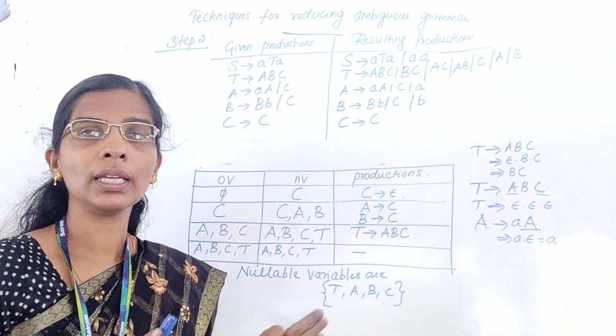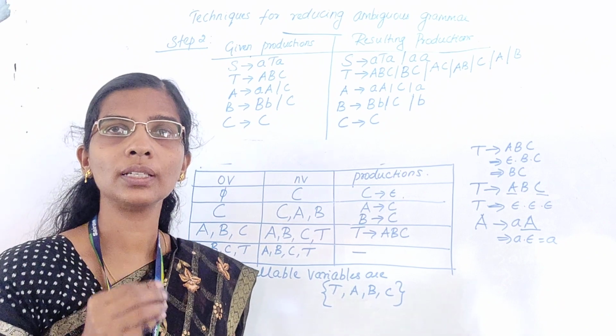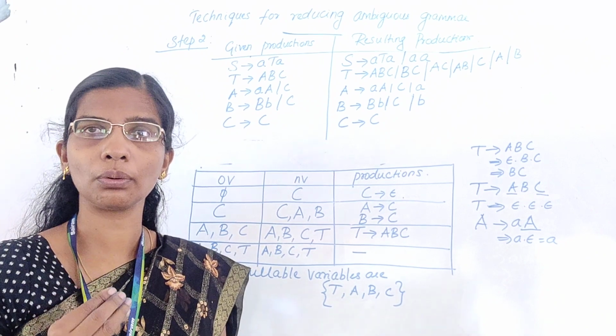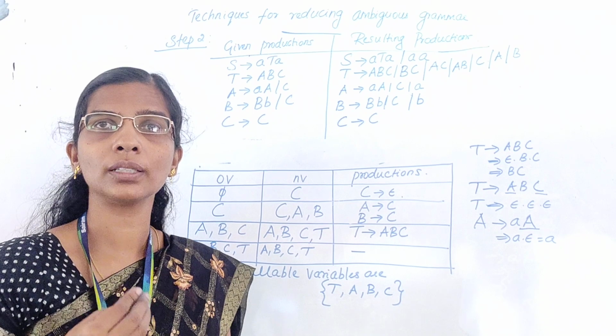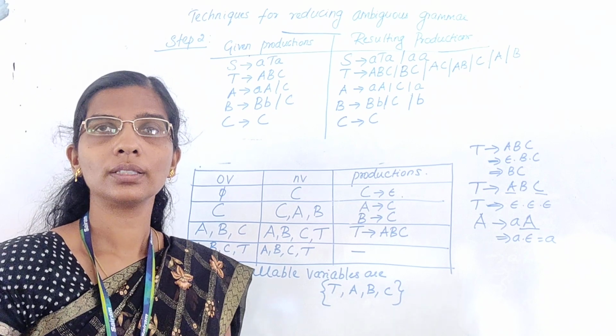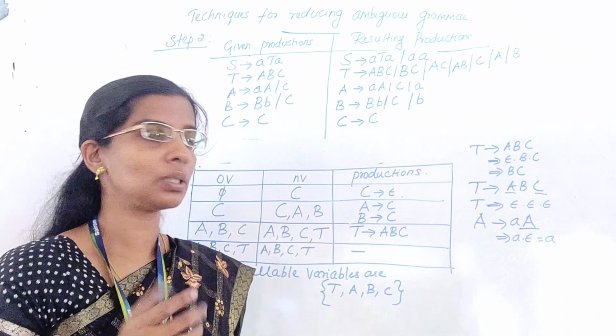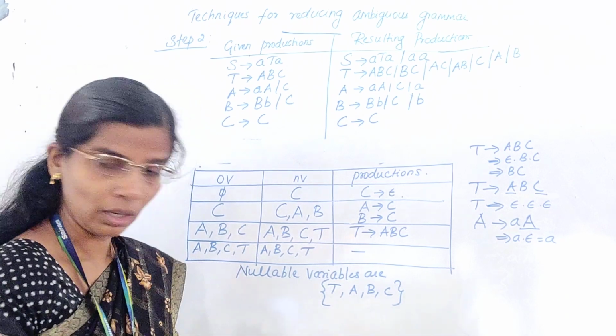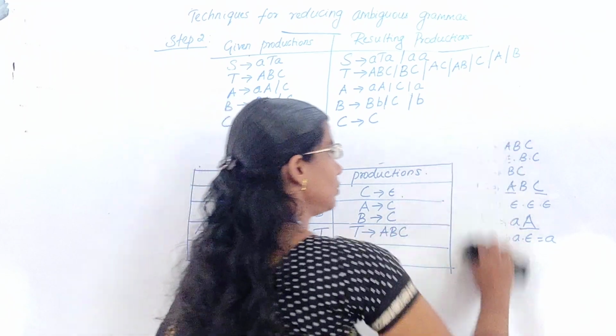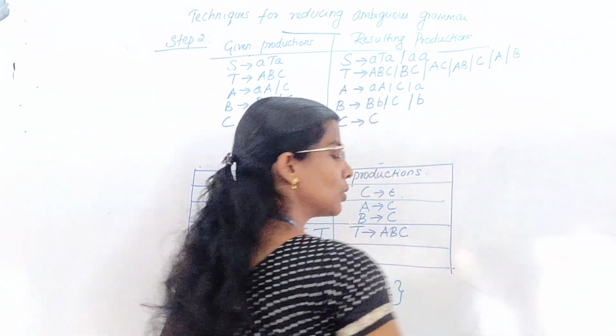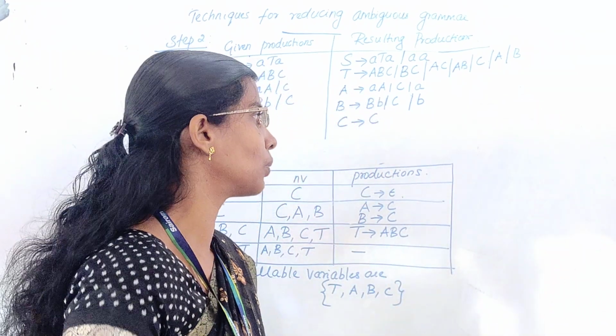And step 3 is, if there is any recursive symmetric rule, you have to eliminate such productions. So what do you mean by recursive symmetric rule?